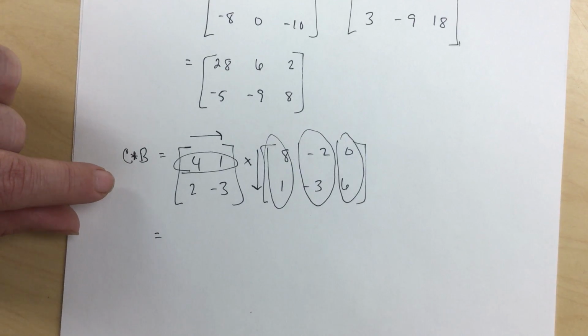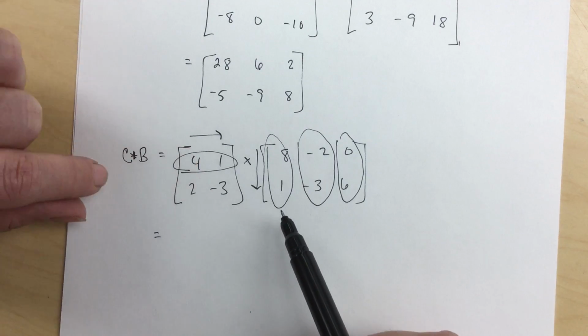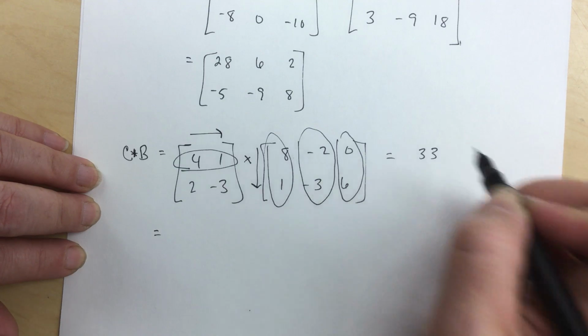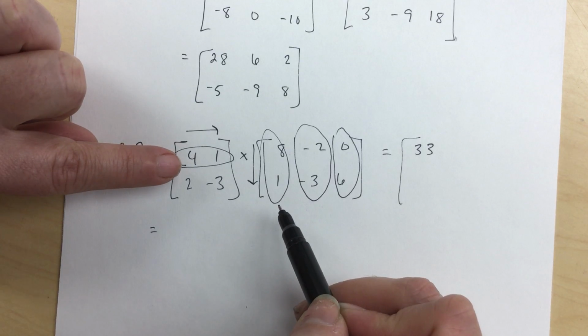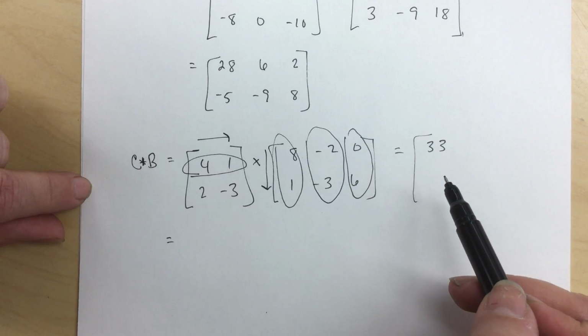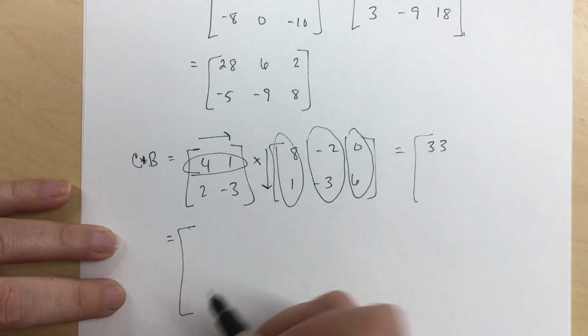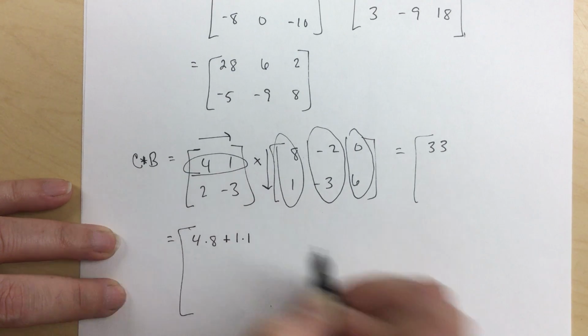If I was doing this in my head, I would go 32 plus 1 is 33. I said 2 at first because in my head I added 1 plus 1. But I will write out the steps of exactly where that comes from. So it's 4 times 8 plus 1 times 1.